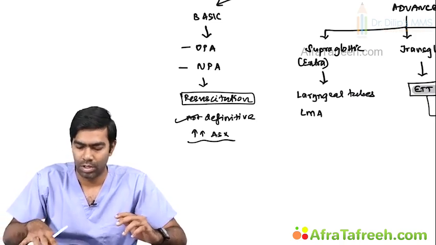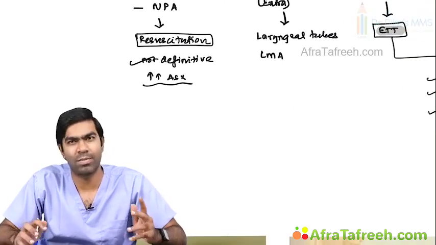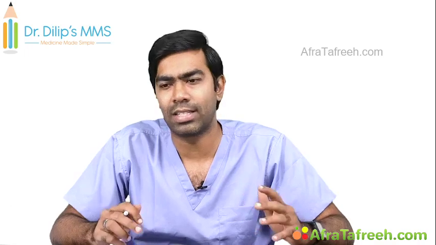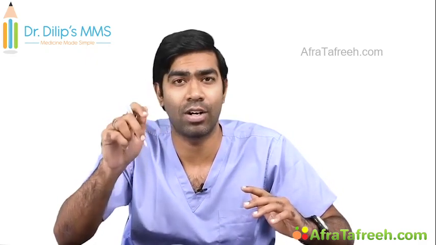Clear? But these supraglottic airways are somewhere in between. So they are not definitive airways also. At the same time, in certain scenarios, they can be used as the only airway. I mean, the oropharyngeal and nasopharyngeal airways cannot be the only airway. But these supraglottic airways in certain places can be used as the only airways, but they are again not very definitive airways in a lot of scenarios.